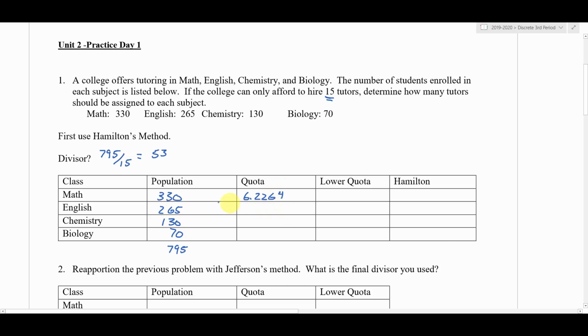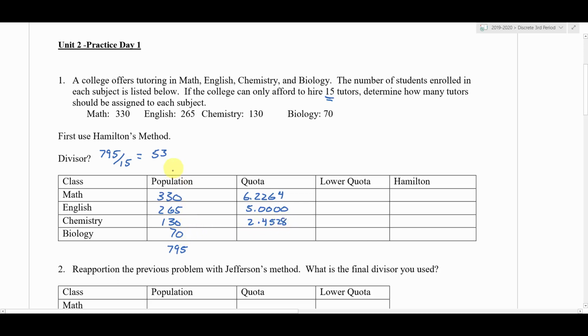Let's do English real quick. So we're going to do 265 divided by 53, and you should get 5 on the button here. So 5.0000, right, carrying my 4 decimal places here. Chemistry 130 divided by 53, so we would get 2.4528.